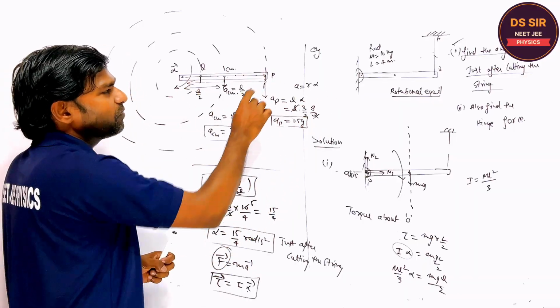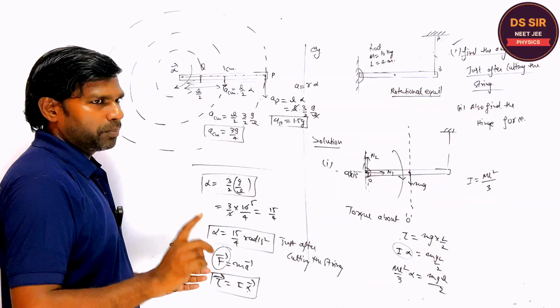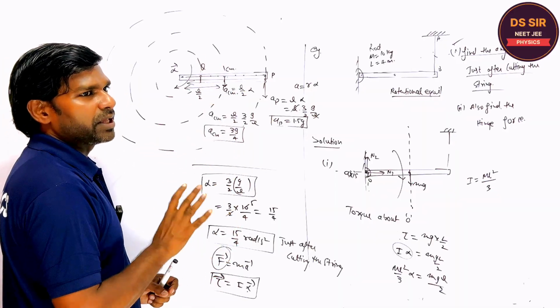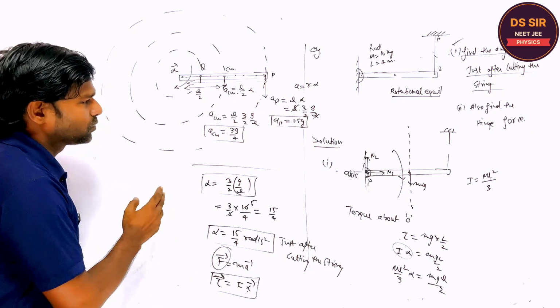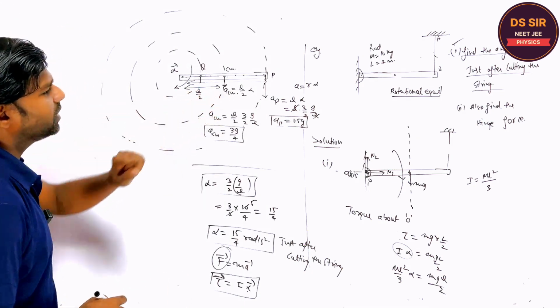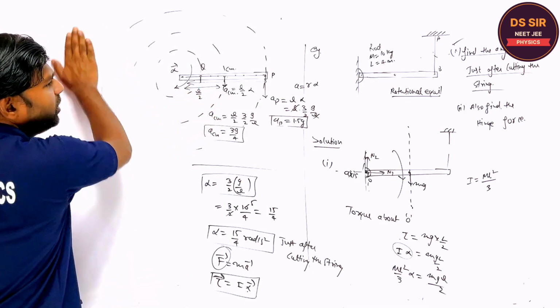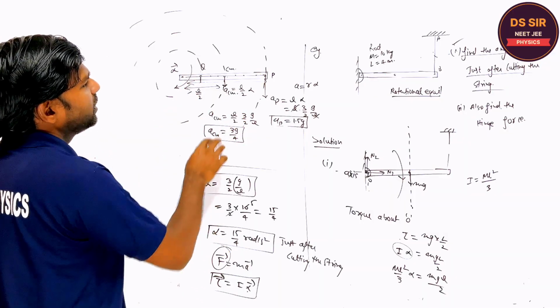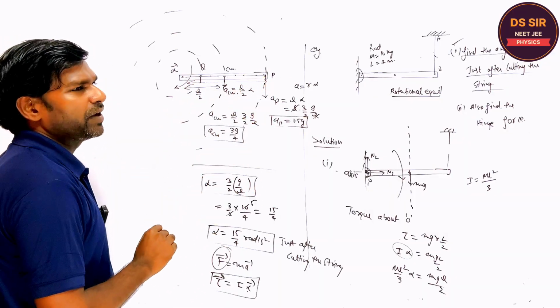Although the acceleration of each point will be different, the angular acceleration for all the points will be the same. You understand this? Copy this. Now we have found the acceleration of the center of mass. We need to find only the acceleration of the center of mass, though they can ask the acceleration of any point.